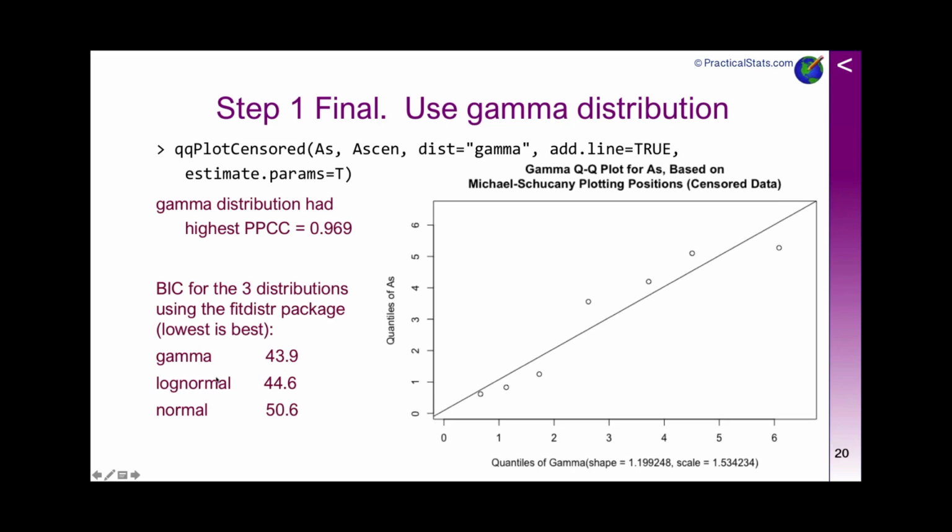It is picking up, and the Anderson-Darling would be the same, those negative values, projecting those as being something that's a downside. All right, so that is how you'd choose: use a numerical criterion, but back it up with plots and make sure it makes sense to you. So I'm going to use the gamma. It was the highest PPCC and lowest BIC.